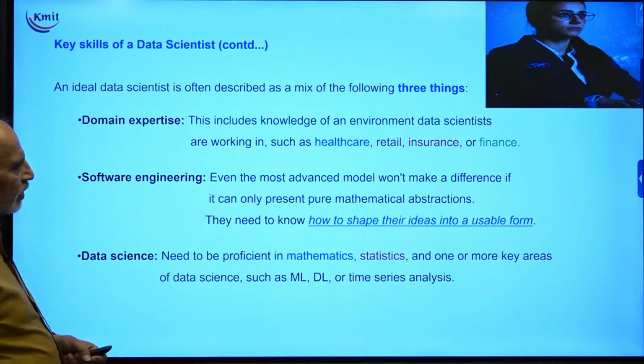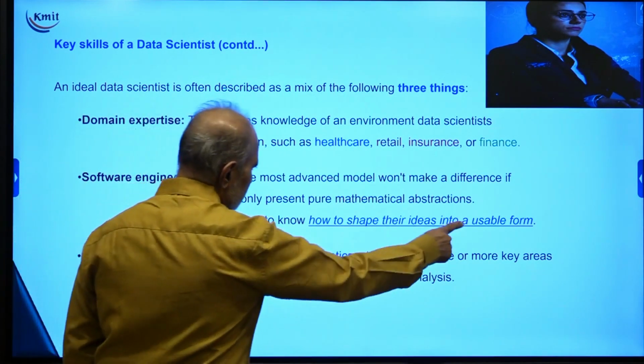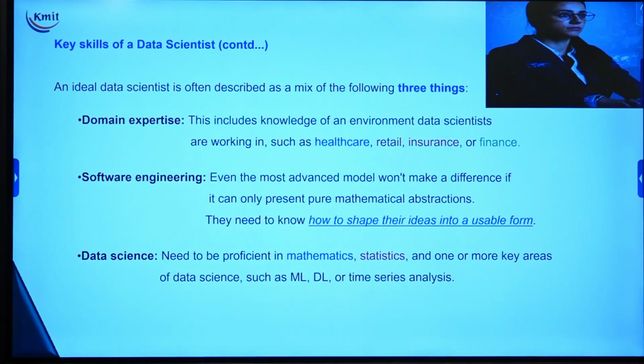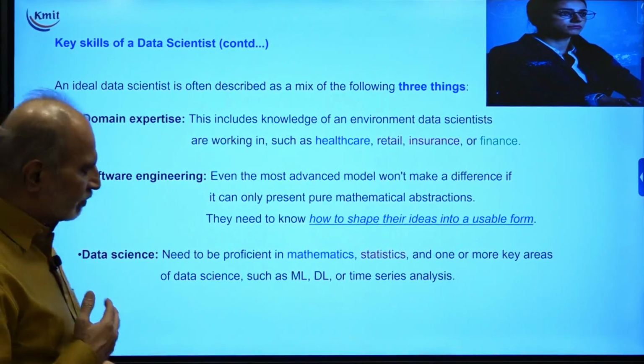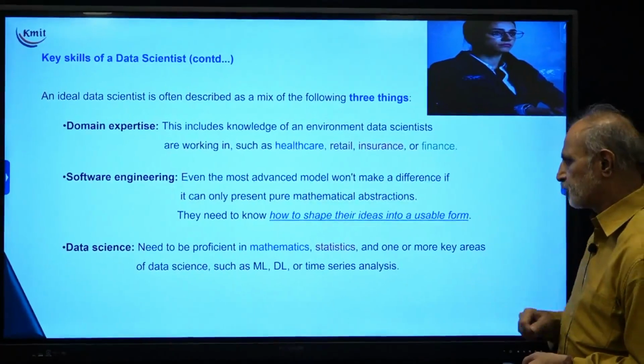Even the most advanced model won't make a difference if it can only present pure mathematical abstraction. So, they need to know how to shape their ideas into a usable form. You have a mathematical model, but you have to shape it into a reusable form. Mathematical models are for a scientific purpose, but for the people who are generally using them, they have to be in a more usable form too.